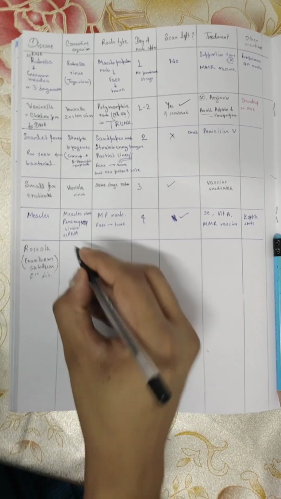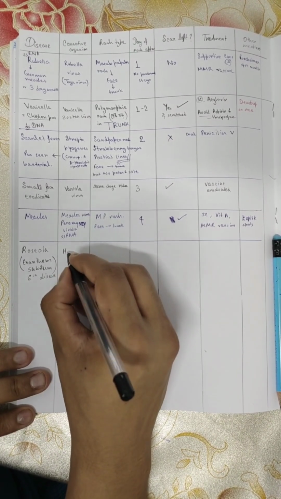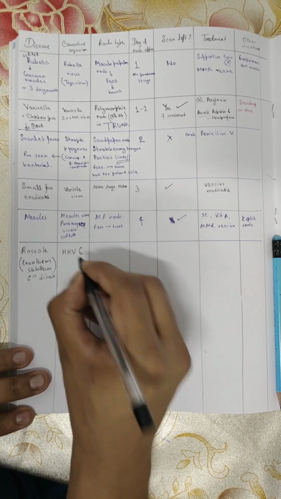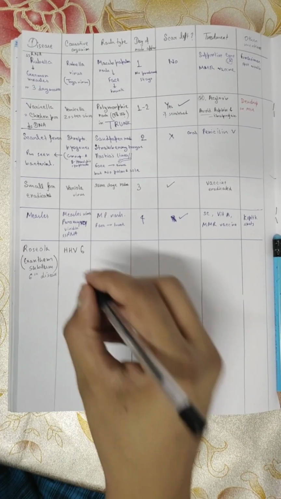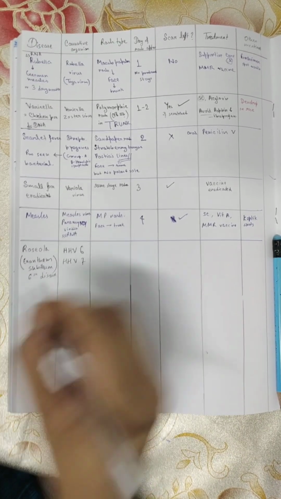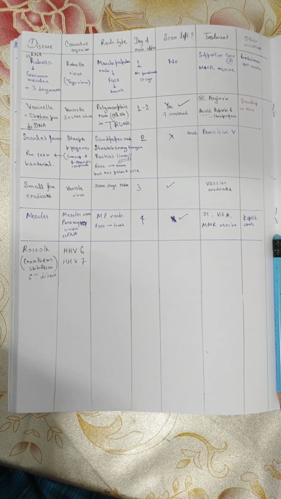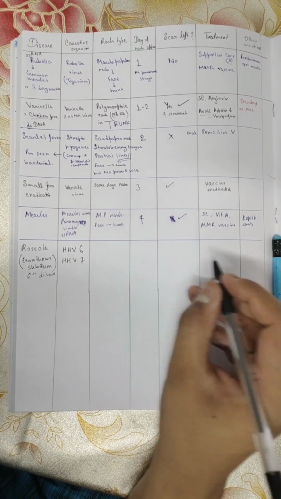Why sixth disease? Because it is due to human herpes virus 6 or human herpes virus 7 as well, both. Echovirus 16 as well, but not necessary.